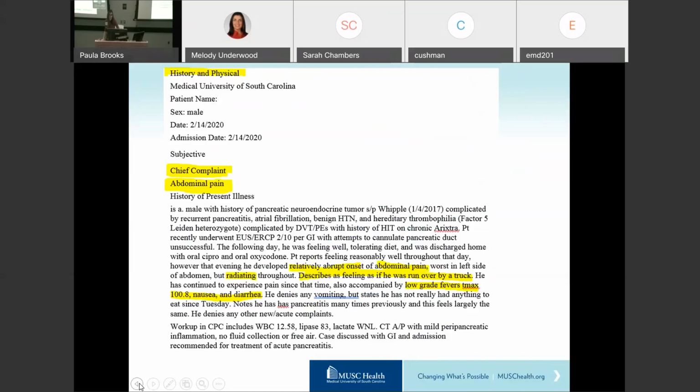We have timing, relatively abrupt. We have signs and symptoms because it's accompanied by fever, nausea, and diarrhea. So right there, we have 4 elements of HPI.